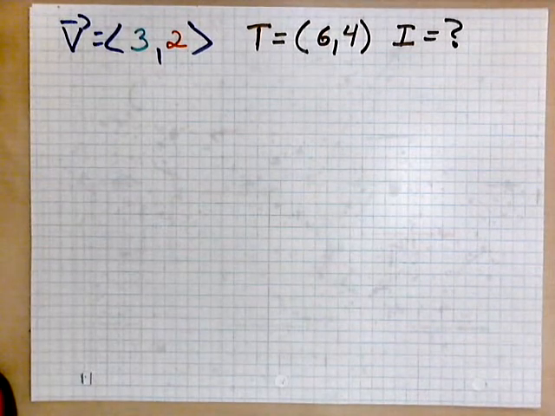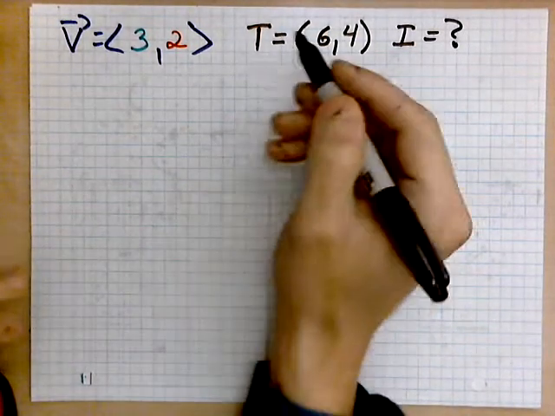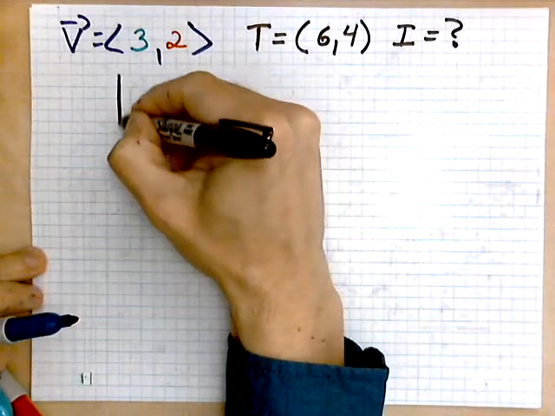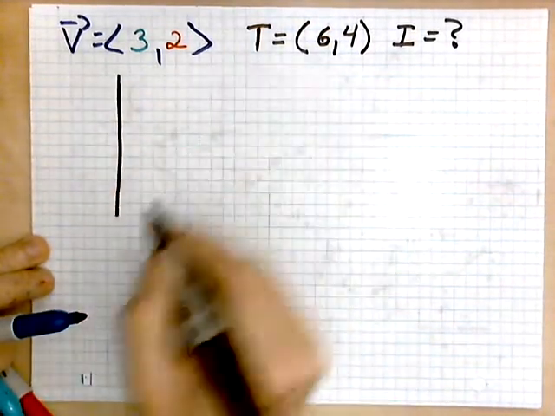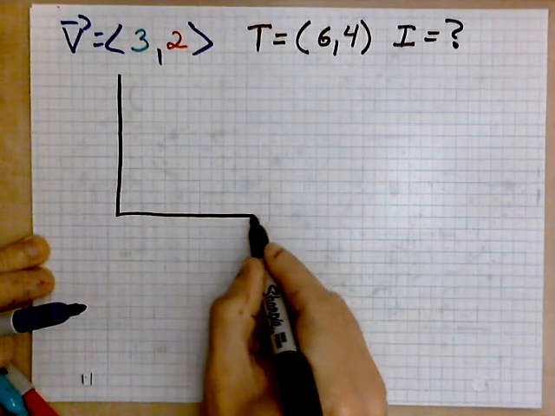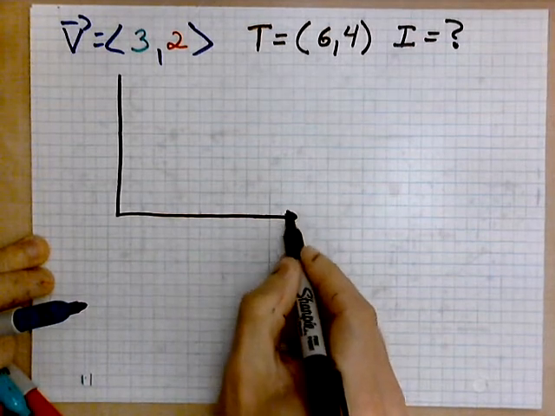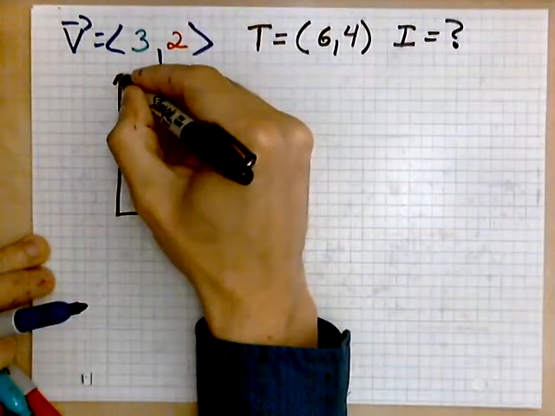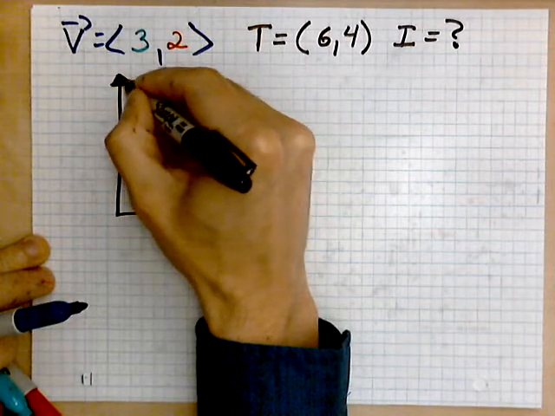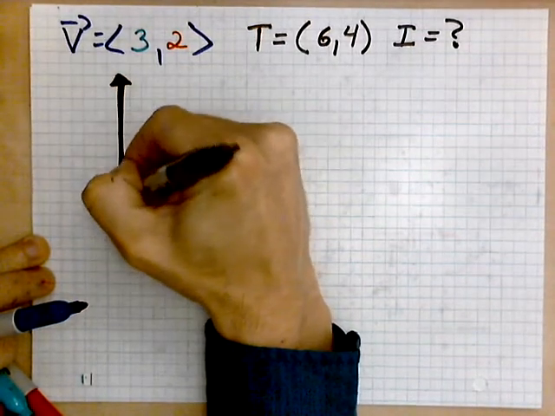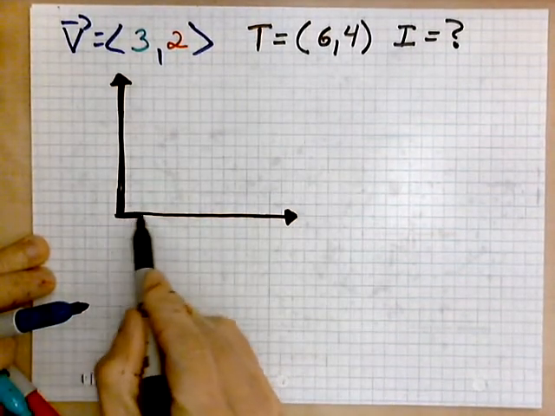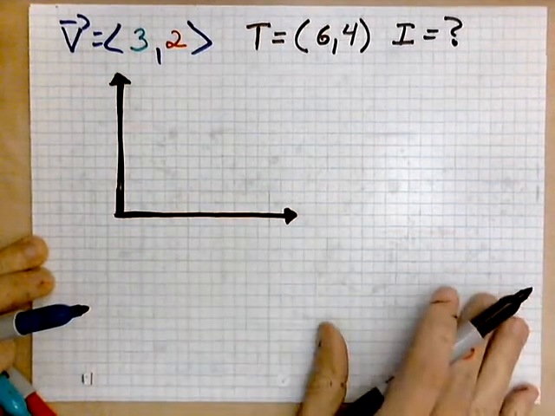Well, first, as always, begin by constructing a little coordinate system for yourself. Keep it clean, neat, so it's easy to read what you need to read from the graph. Label things appropriately.